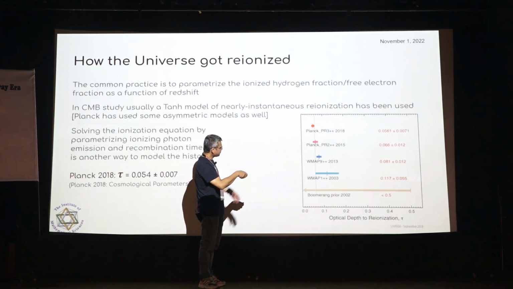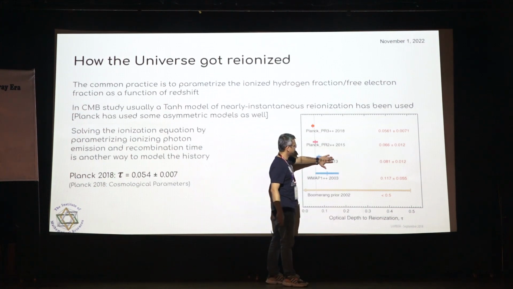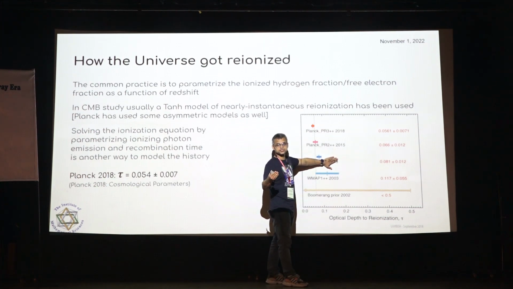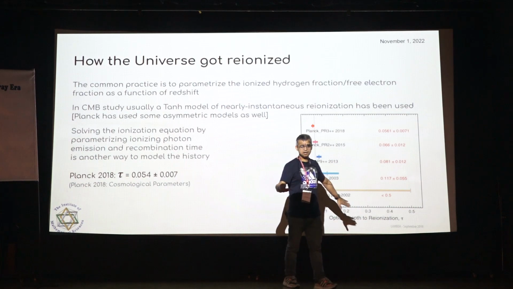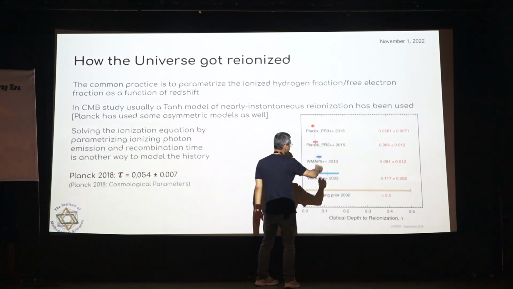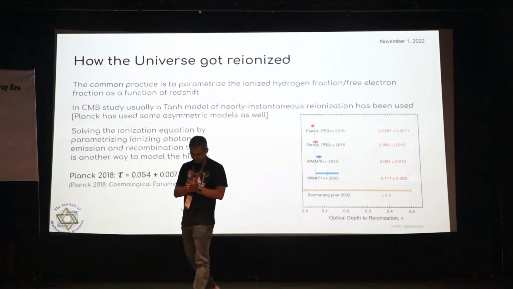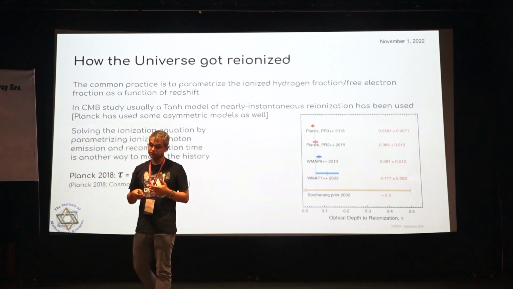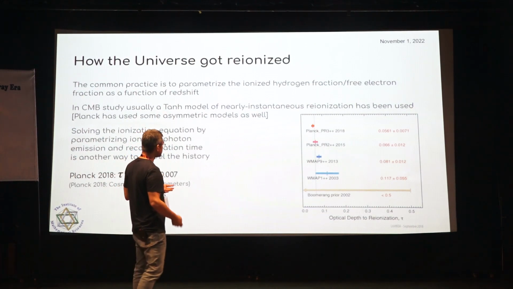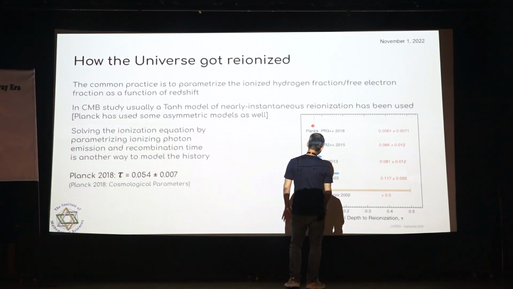Right after that, Planck 2013 came, but Planck 2013 used the WMAP polarization data to constrain tau. Planck 2015 came up with low-L polarization data from the Planck observation, but it was from the Low Frequency Instrument. So you can see that the error bars are very close to each other.